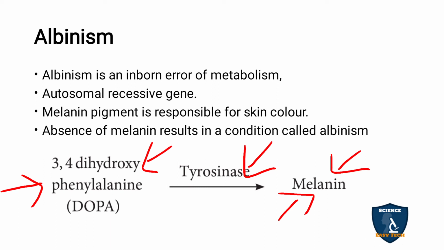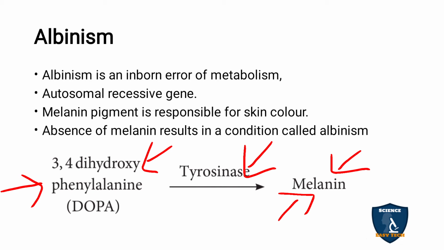But this is not seen in the albinism person. This conversion doesn't take place, because the tyrosinase enzyme is absent in the melanocytes and it fails to produce melanin pigments. Due to the absence of melanin, there is no part of the body with melanin, and they have difficulties. They have poor eyesight.